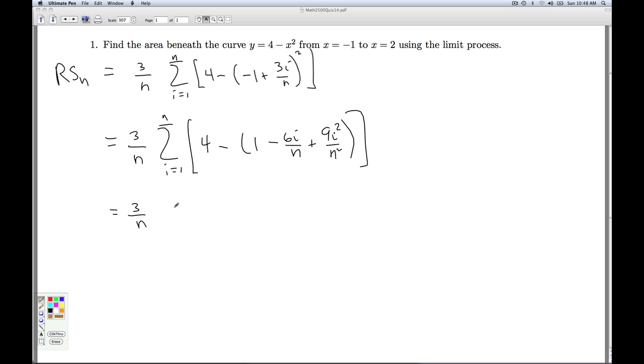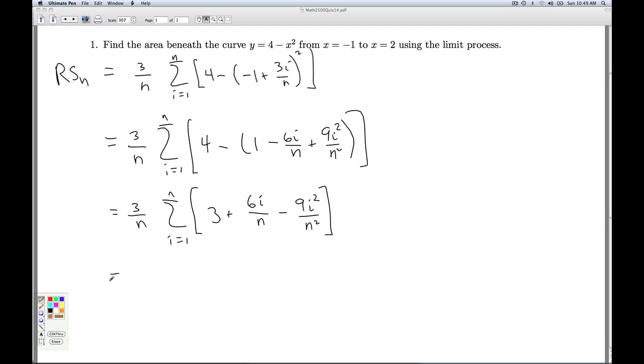So this is 3 over n, summation, i goes from 1 to n. 4 minus 1 is 3. This becomes positive 6i over n minus 9i squared over n squared.